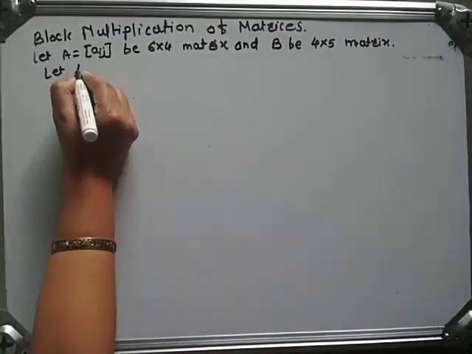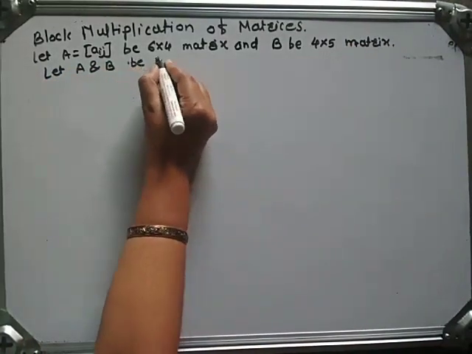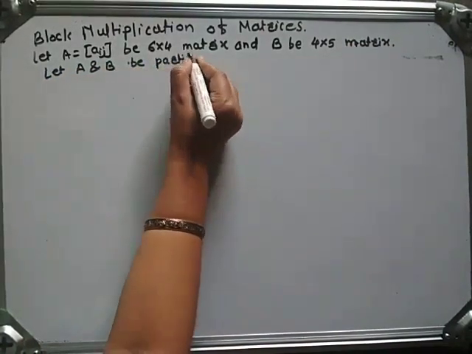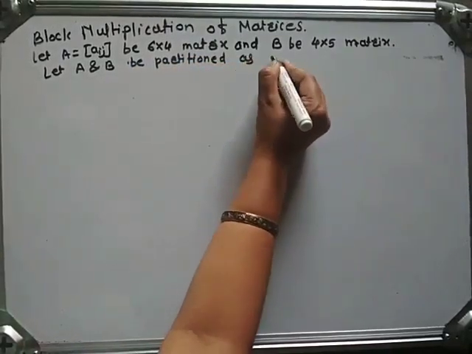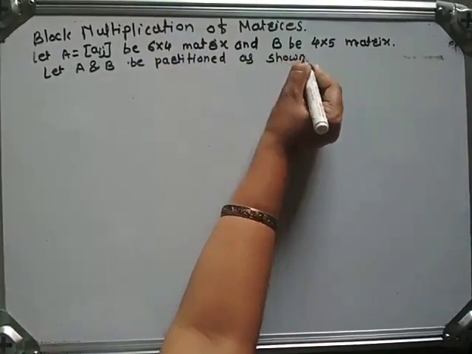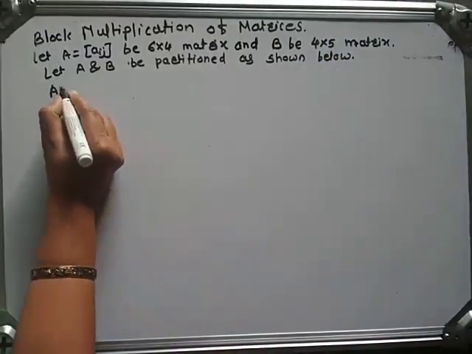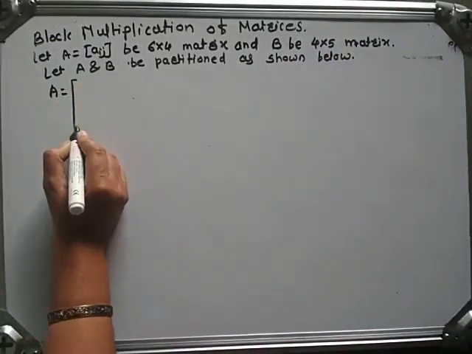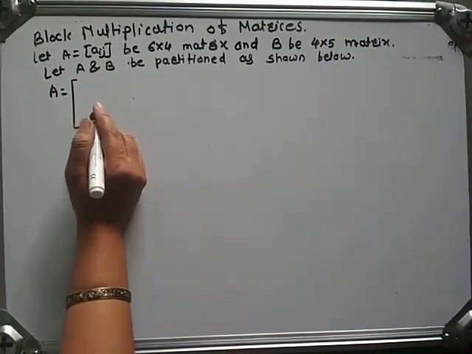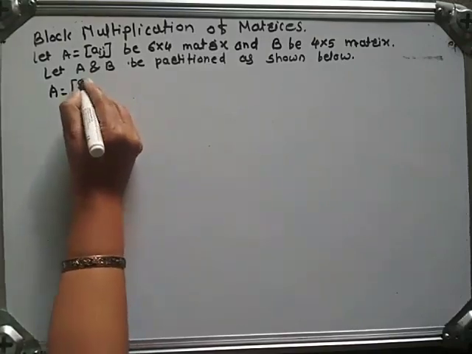Let A and B be partitioned as shown below. Here A is a 6 by 4 matrix, that is, the number of rows is 6 and the number of columns is 4.